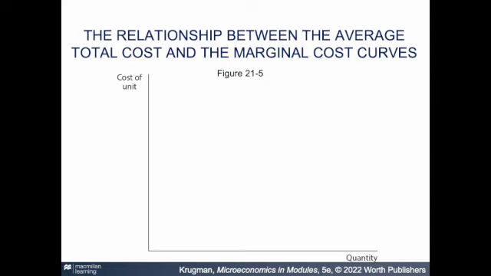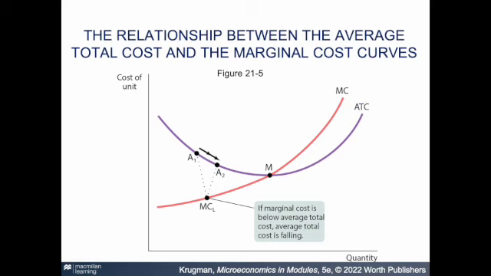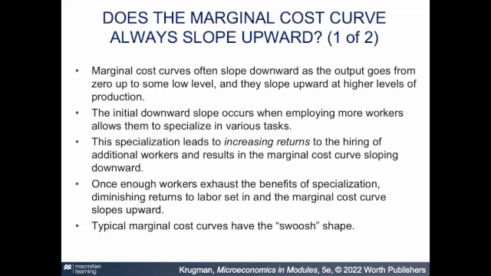Does the marginal cost curve always slope upward? Marginal cost curves often slope downward as the output goes from 0 up to some low level, and they slope upward at higher levels of production.